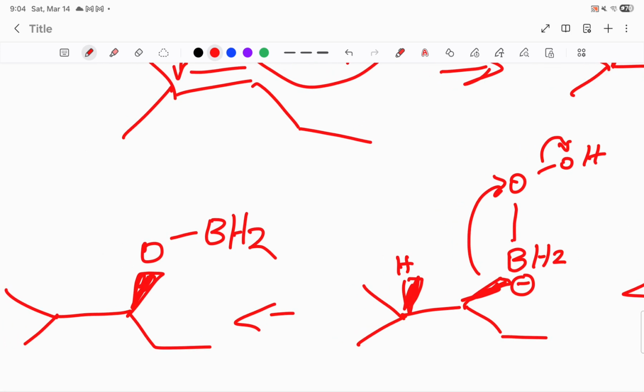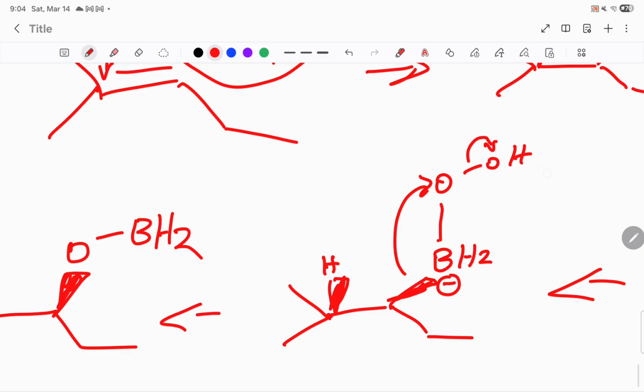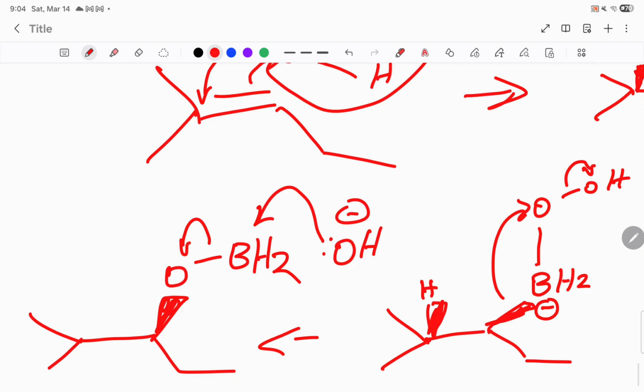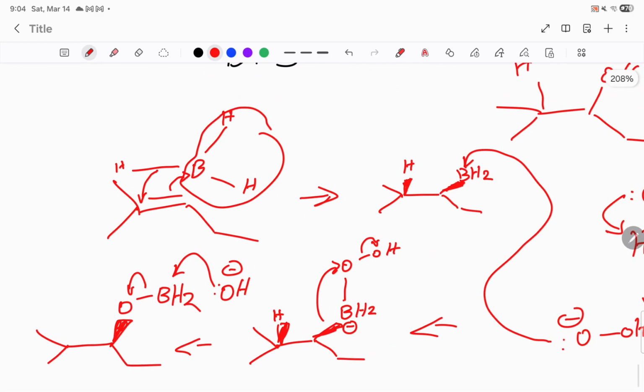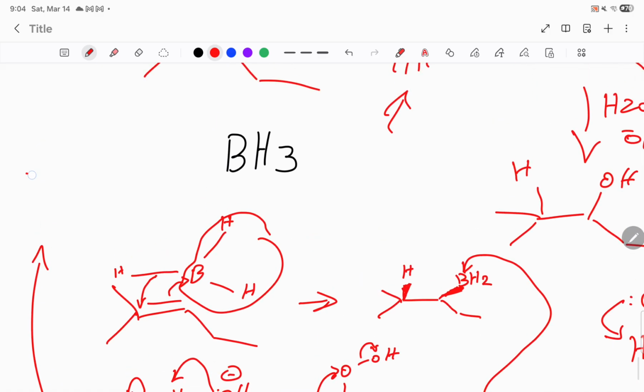And now that we have done this, we're going to grab this OH minus that we generated here. We are going to attack the boron and grab these electrons and put them on this oxygen right here. Let's move over. This is an O minus now.